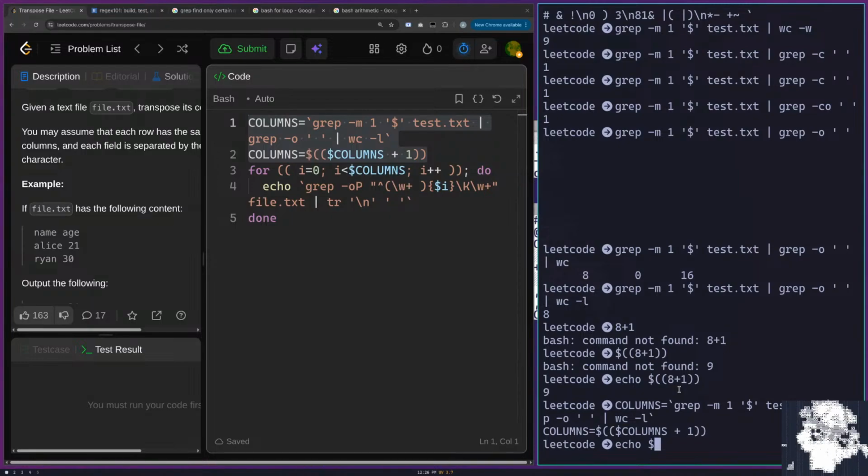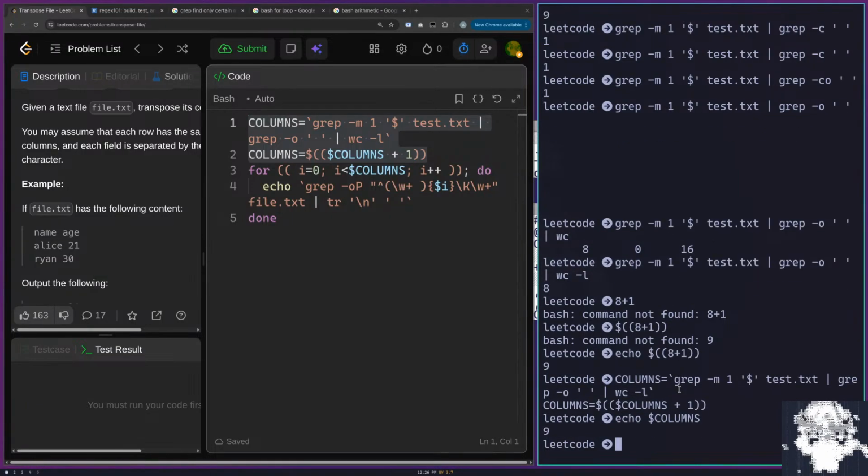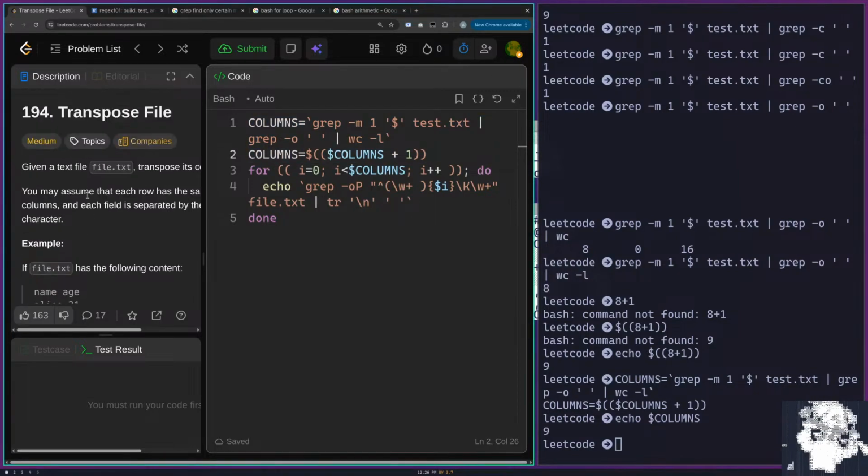Echo columns. Okay. So now we have the right number of columns.